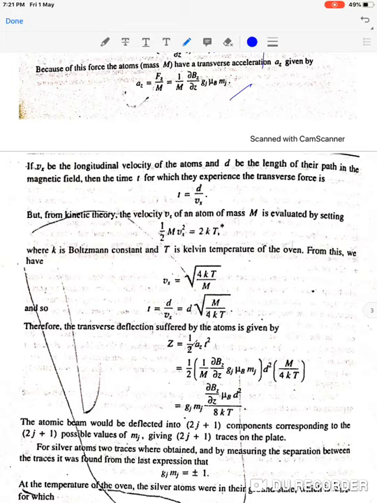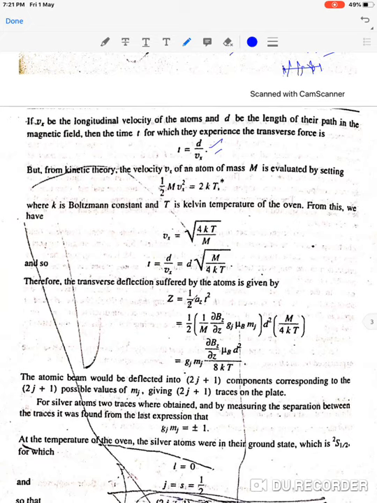Then the time for which they experience the transverse magnetic force within that arrangement, since the transverse force is only within this arrangement and otherwise there is no transverse force, follows from x equal to vt. This is simple kinematics.